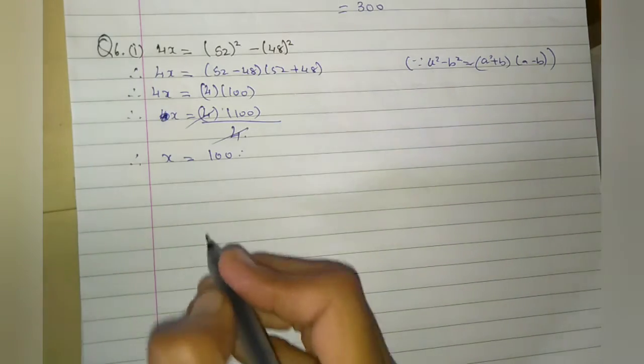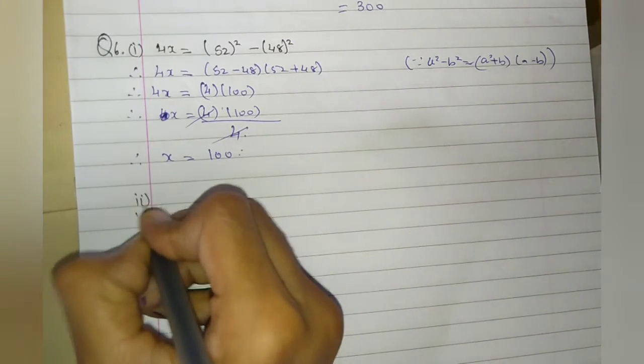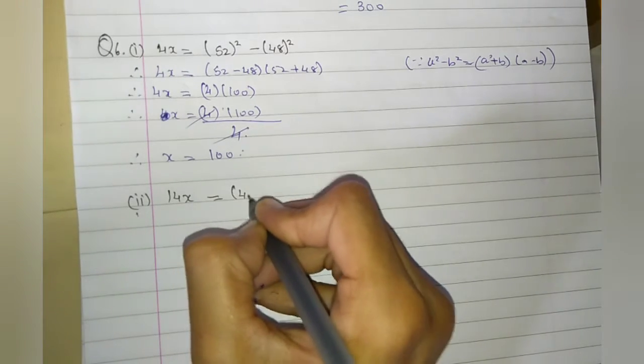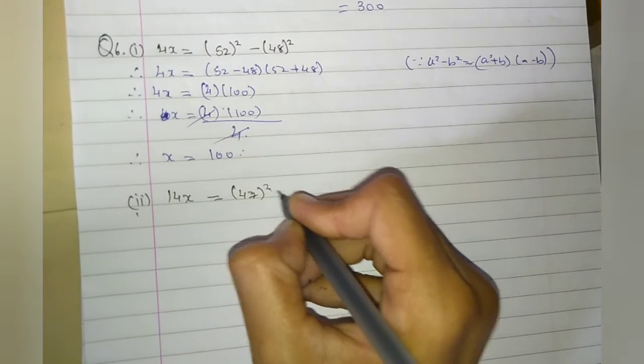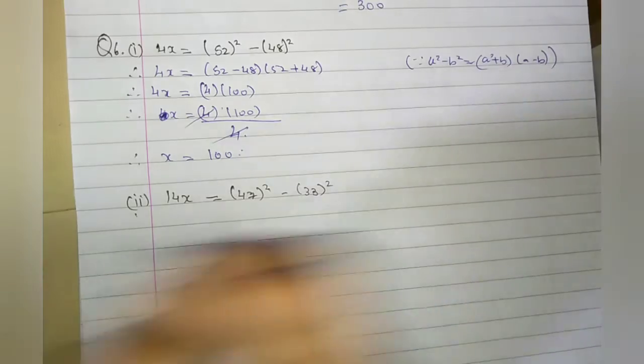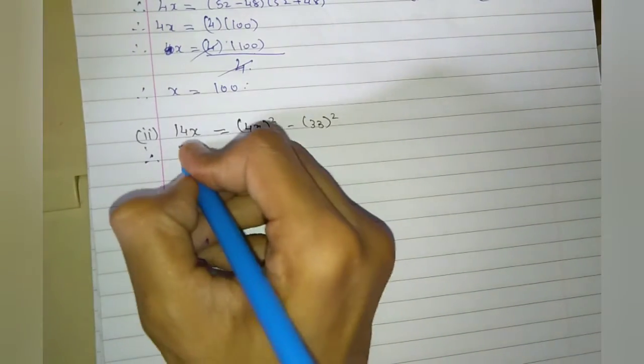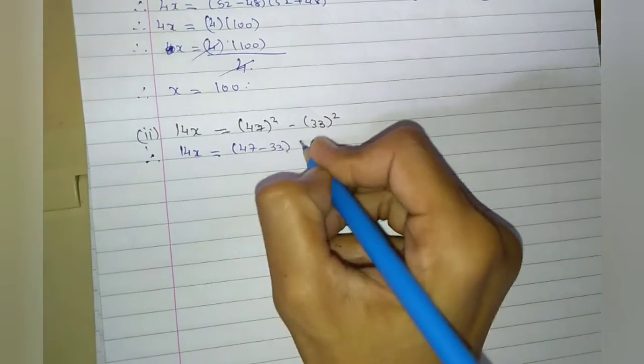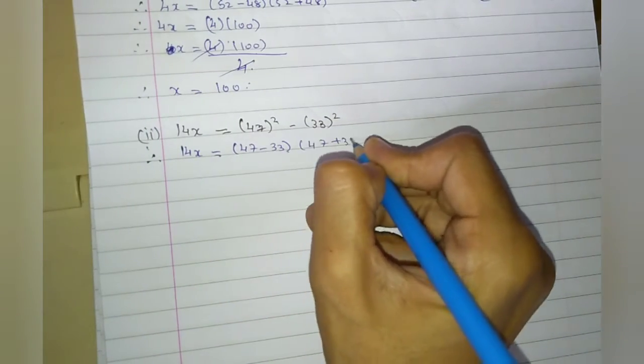Now let us do the second one. The question is 14x equal to 47 square minus 33 square. Now we have to use the same formula. 14x equal to 47 minus 33 and 47 plus 33.